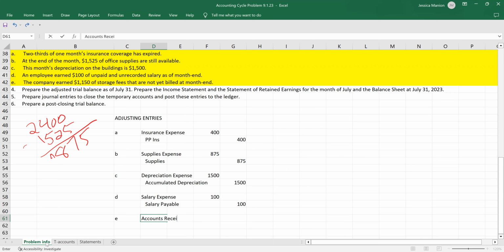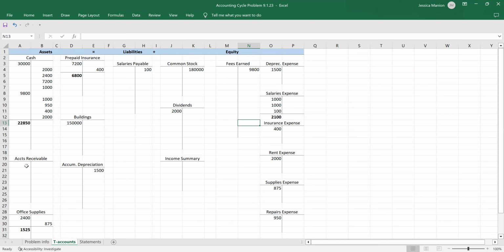So we're going to debit accounts receivable $1,150, credit storage fees earned, aka revenue, right? So debit accounts receivable, credit storage fees earned. So here's that AR account, and then credit fees earned.